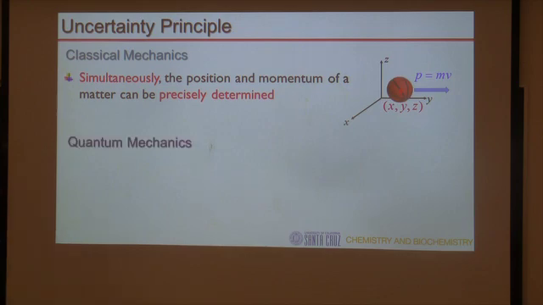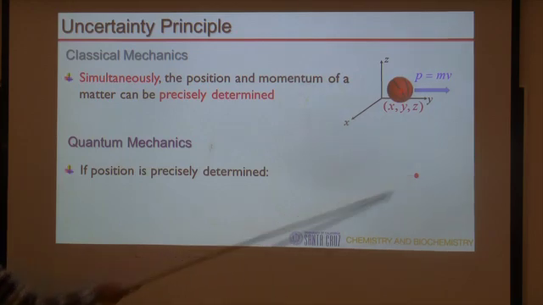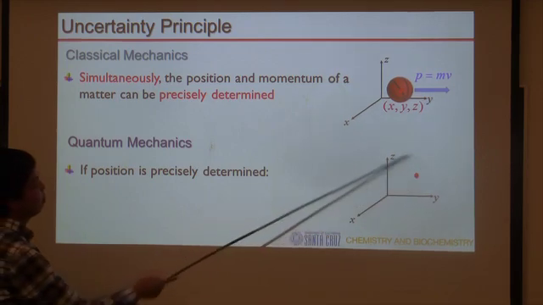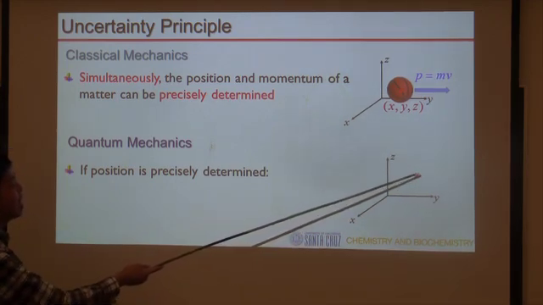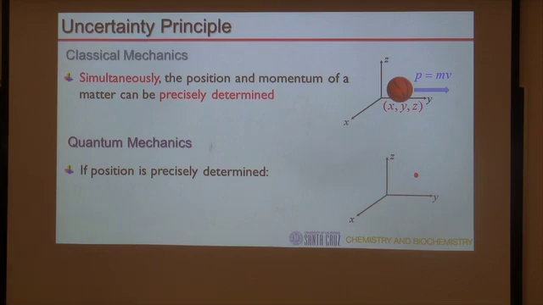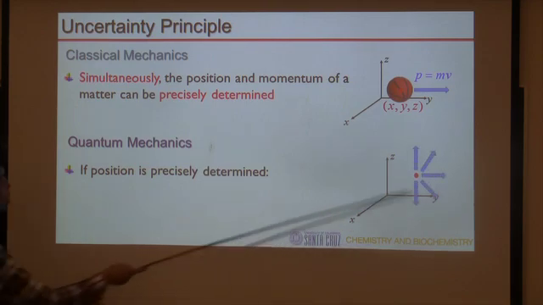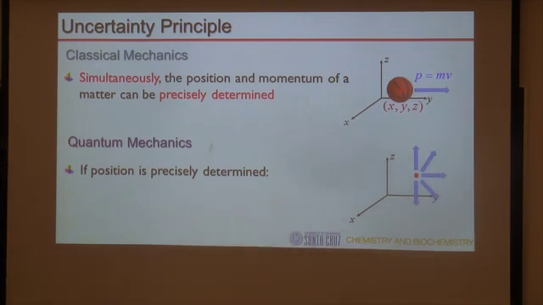But this is not true for quantum mechanics or in the microscopic world, where if the position is precisely determined, let's say here we have a point and we set up a coordinate, so we can get the exact position of the particle, that's for sure. But in that case, you cannot detect the momentum.